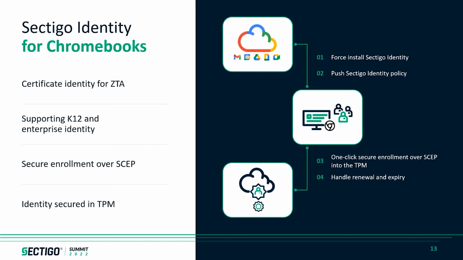So we recently announced support for small business, enterprise, and K-12 to higher ed that allows users to easily enroll their Chromebooks for both device and user certificates using the native Chromebook platform keys technology to protect the private keys in the TPM. We started with a simple and standards-based SCEP enrollment approach, which requires only your Chromebook extension and a Sectigo Certificate Manager CA, along with your Google Enterprise account.